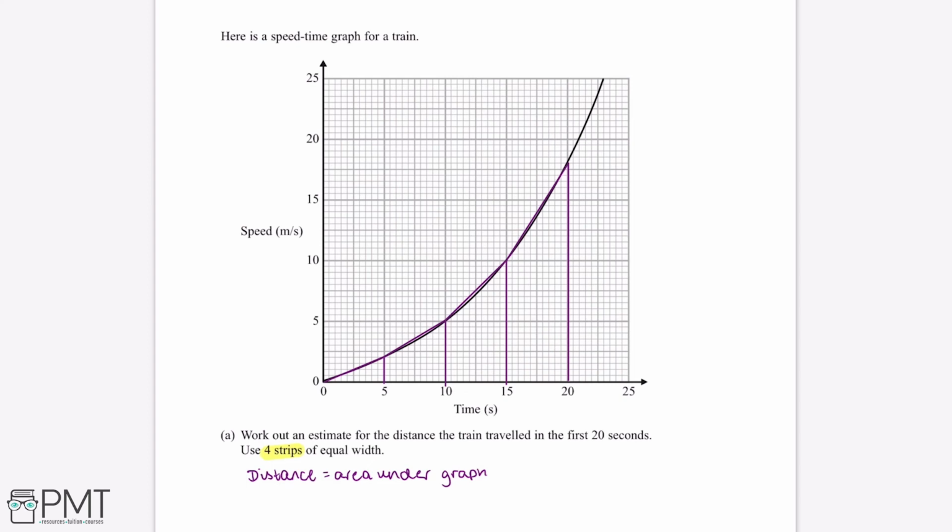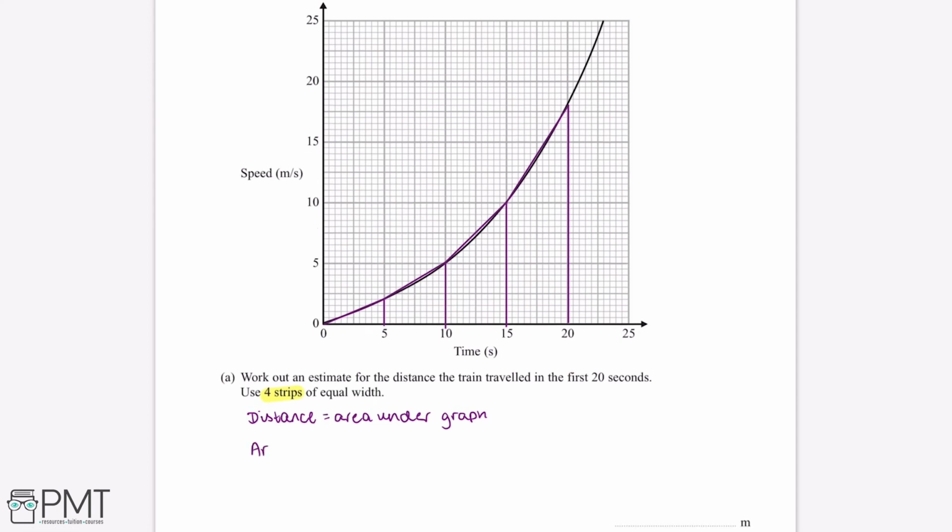So we'll need to know the formula for the area of a triangle and then the area of a trapezium. So the area for a triangle is a half multiplied by base multiplied by height. And then the area for a trapezium is half the sum of the parallel lines multiplied by the height between them.